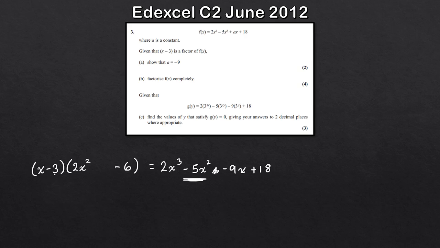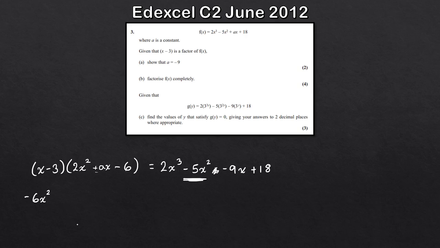However, I've got minus 3 times 2x squared, so that would give me minus 6x squared. Okay. And there's only one other x squared term we can get, and that's by doing this x here, times by this middle term here. Okay. So for example, if we were to say that was, I don't know, for example, a, okay, ax.